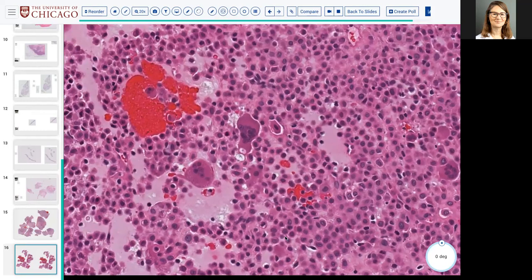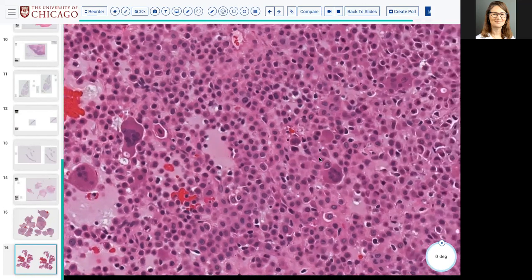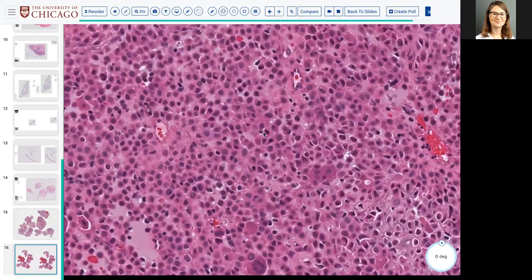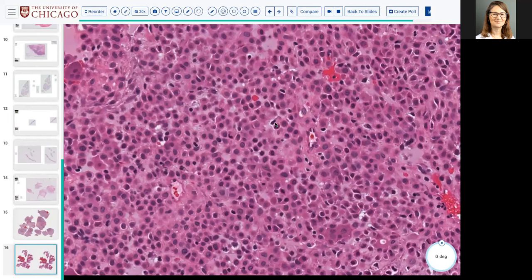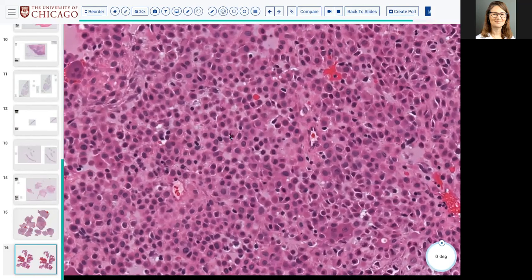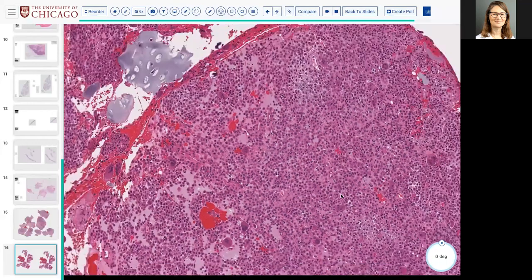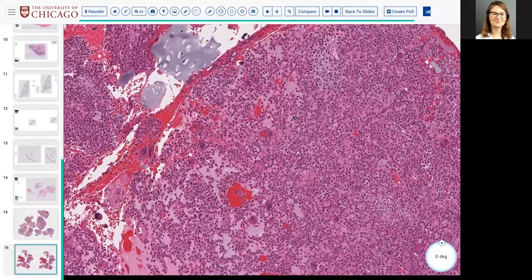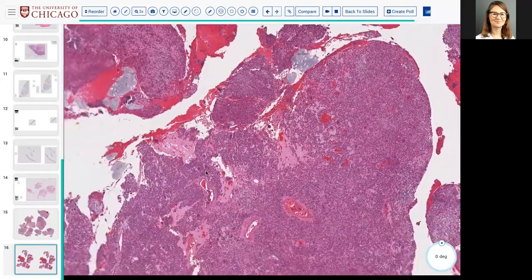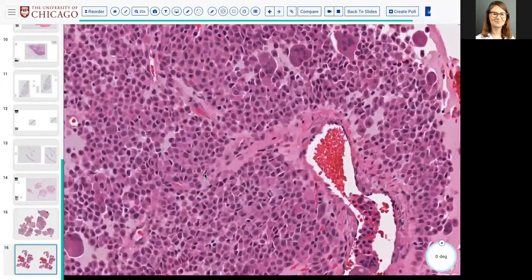Once you start to see cells in the background that have plump nuclei with nucleoli that resemble the nuclei of the giant cells, that's the characteristic buzz point for a giant cell tumor of bone. But once you start seeing cells with slightly darker nuclei with arguably some kidney bean or curved shapes, that is better for a chondroblastoma. So those are subtle cytologic differences that help you between giant cell tumor and chondroblastoma.